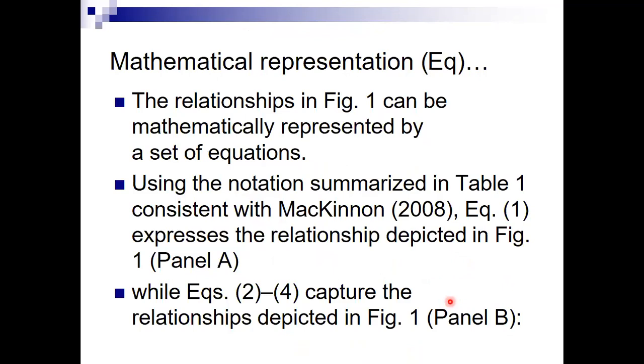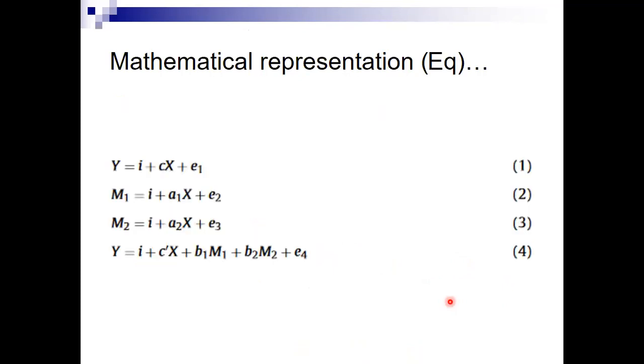Now, discussing these slides, they are actually explaining what I've been explaining in this first slide here, okay? So you can represent them as a set of equations. You have Y equals I plus CX plus E1.